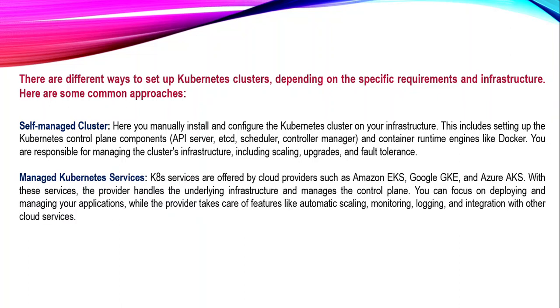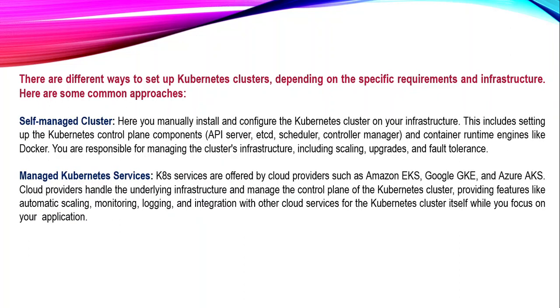And we have managed Kubernetes services. These are offered by cloud providers such as AWS, GCP, and Azure. In AWS it is called Elastic Kubernetes Service, for Google it is called GKE, and in Azure it is AKS.